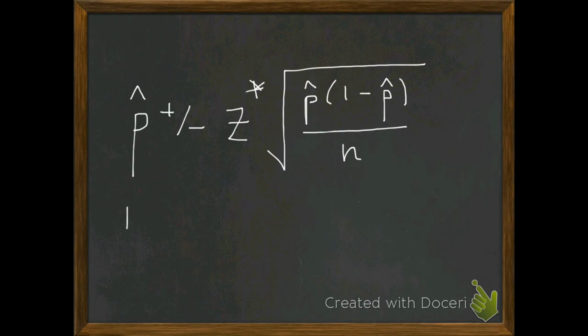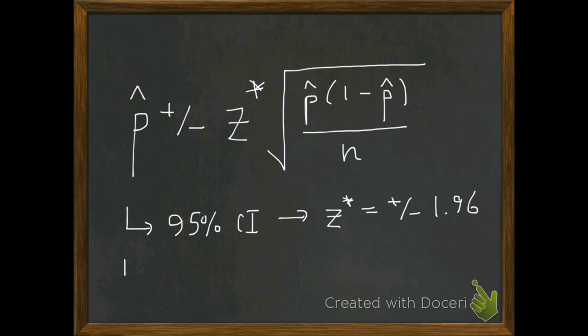So if we sought to get a 95% confidence interval, you should know by now that the z critical is going to be plus or minus 1.96.